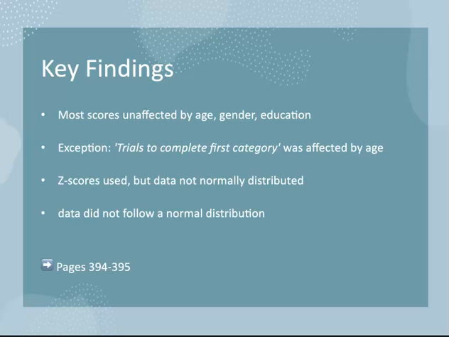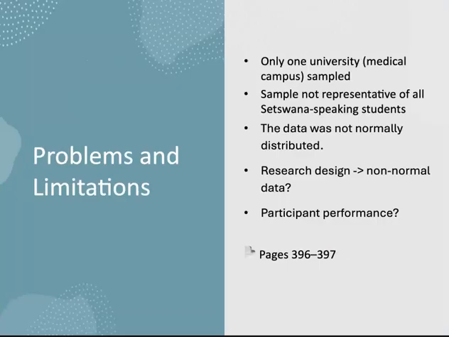So this may have been due to the research design itself, that's what they say, or student performance. So these z-scores are not comparable across different samples. In other words, these norms cannot be used for other Tswana populations. Okay, so another problem.